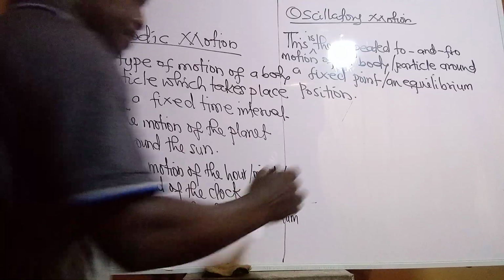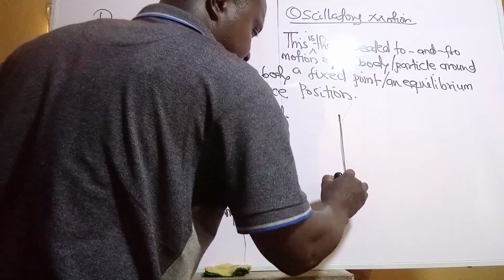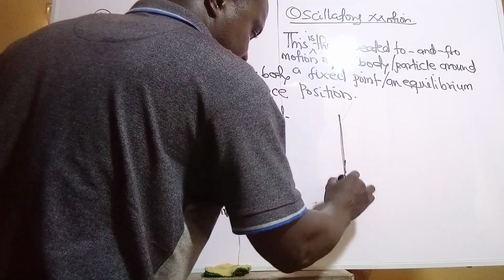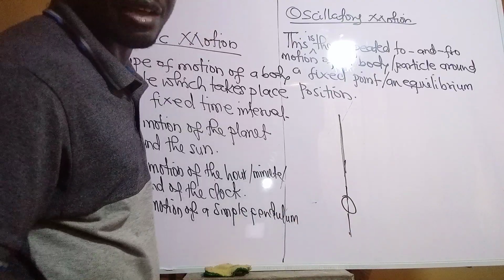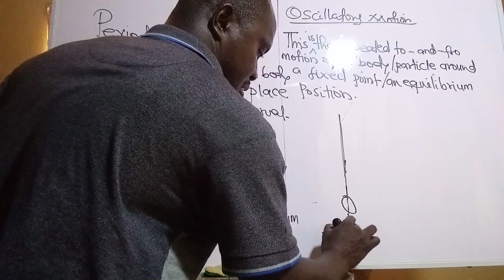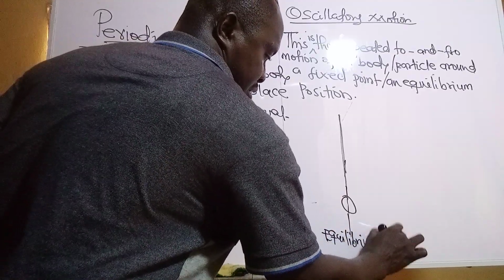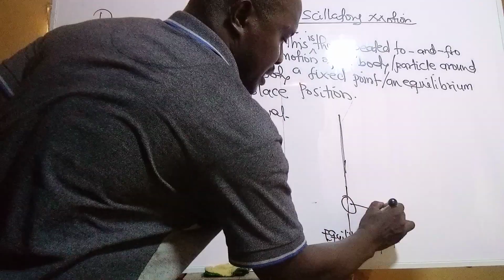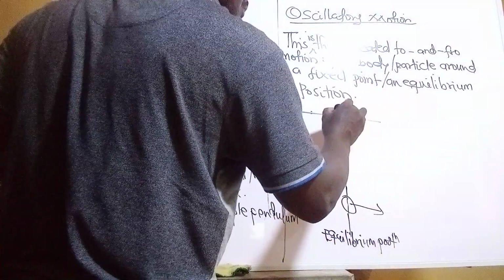Okay, so let's assume this is a fixed point. Let's look at the simple pendulum. When the object is at standstill, we say it is at the fixed point or the equilibrium position. Now when net force is applied in one direction, the object moves from this point.